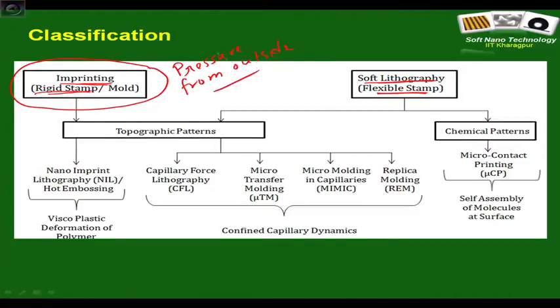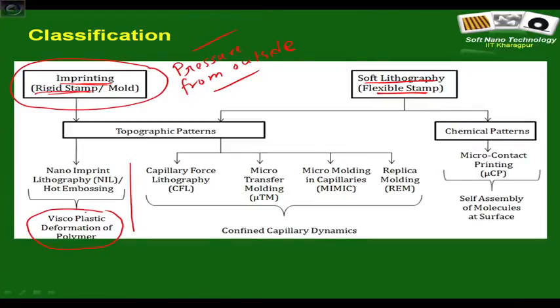But nonetheless, you are creating topographic structures with soft materials like polymers. So, therefore, I would consider it here, though the exact pattern transfer replication mechanism in fact is viscoplastic deformation of the polymer, because you are applying a lot of pressure.